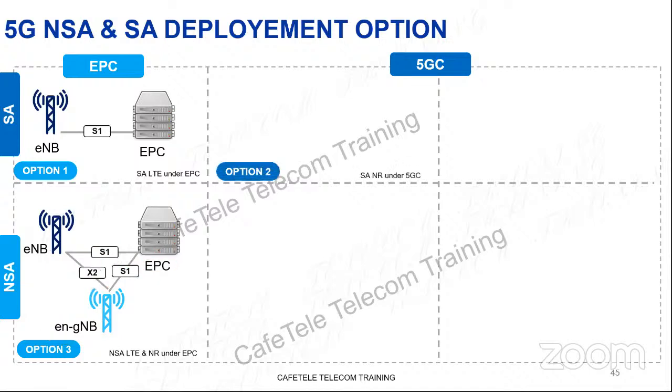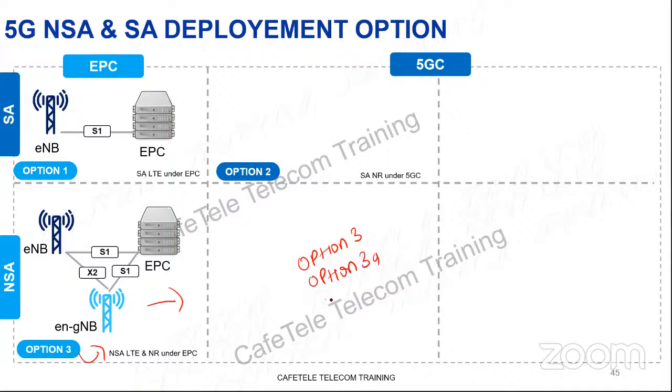Then we have option 2. Option 2, guys, we will discuss more about later. Now option 3, this one we call. Right now you are seeing one version actually. In this one, we have 3 versions. That is called option 3, option 3A, and option 3X.